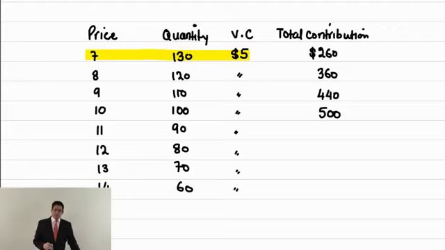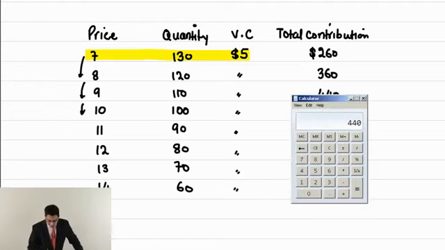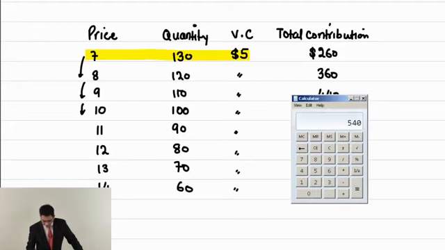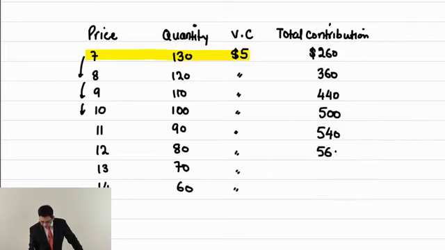So at the moment it looks like as we are increasing the price, our contribution or profit is increasing. Okay. Then 11 minus 5 is 6 into 90, which is 540. And then 12 minus 5 into 80, which is 560.